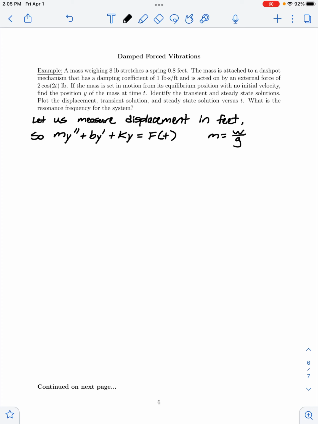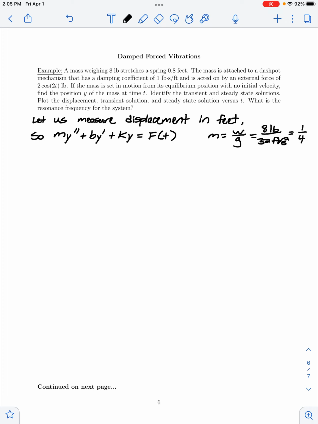We know force is mass times acceleration, so the force that would be needed to move our mass, which is equivalent to its weight, would be the mass times acceleration due to gravity. So solving for m, we have a weight of 8 pounds. And for g, if we're measuring in feet, we would use a value of 32 feet per second squared, which gives us a mass of 1/4 slug.